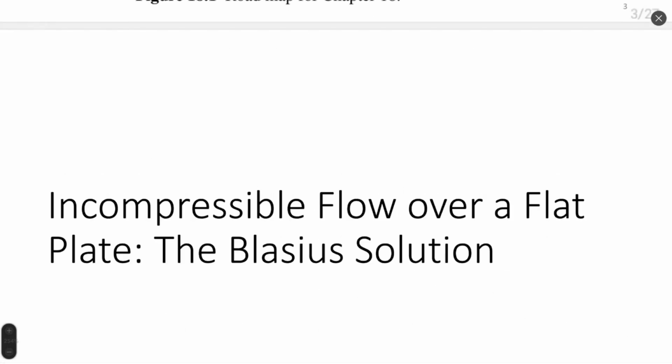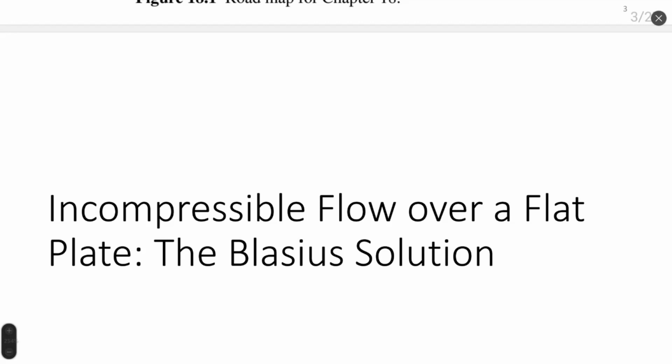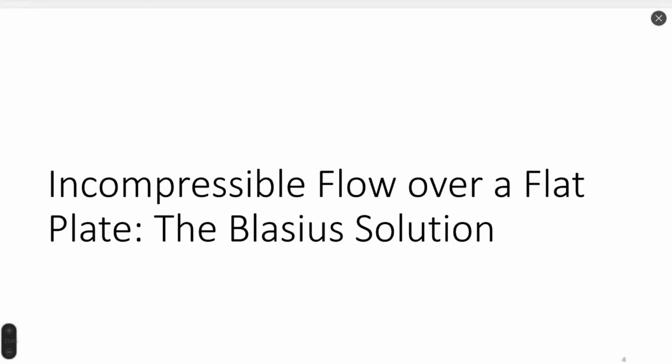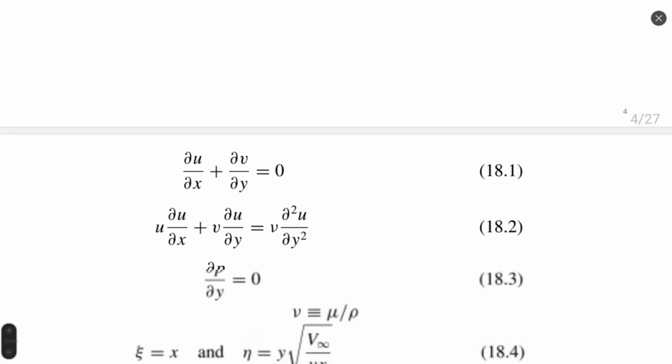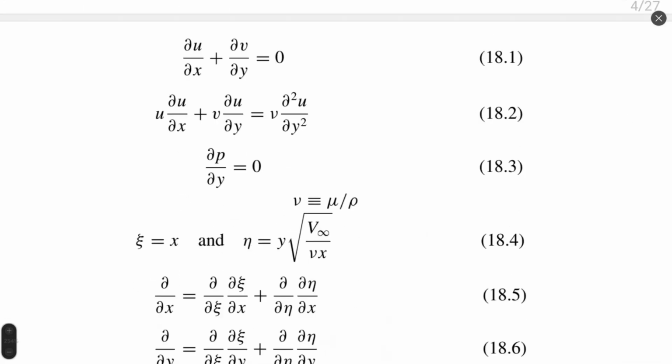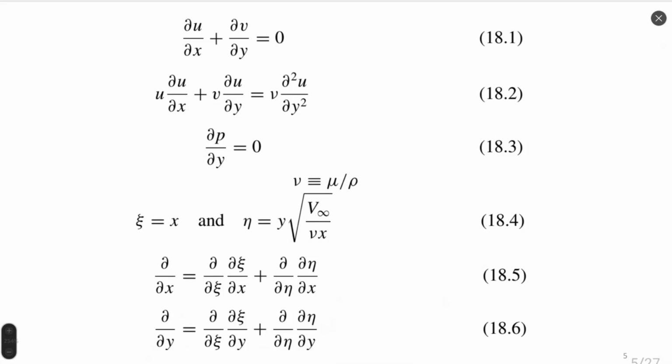Laminar boundary layer. The simplest case is the laminar boundary layer on a flat plate, the so-called Blasius solution. Here is the equation system for a flat plate. Equations 1, 2, and 3. Equation 1 is the continuity equation. Equation 2 is momentum in the x direction, and equation 3 is momentum in the y direction.